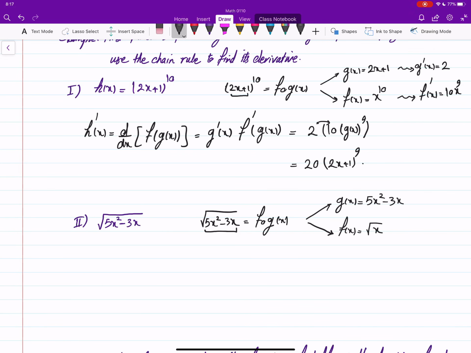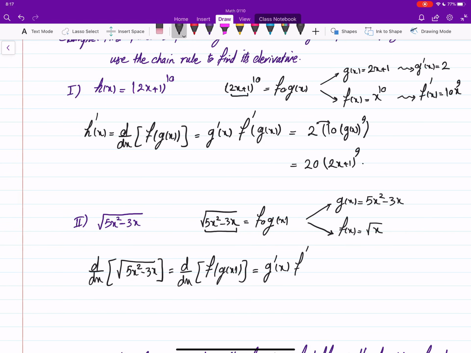So now we're trying to find the derivative of this. Then this is going to be the derivative of f at g(x). The chain rule tells me that you have to find the derivative of g, then multiply by the derivative of the outer one evaluated at g(x).